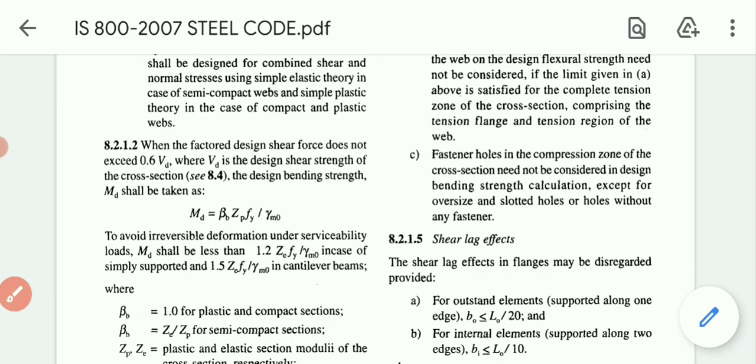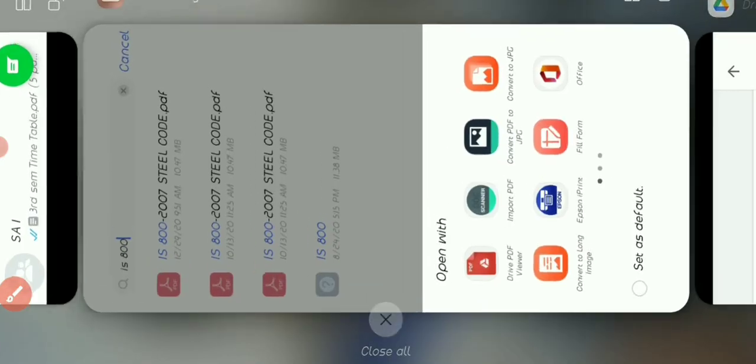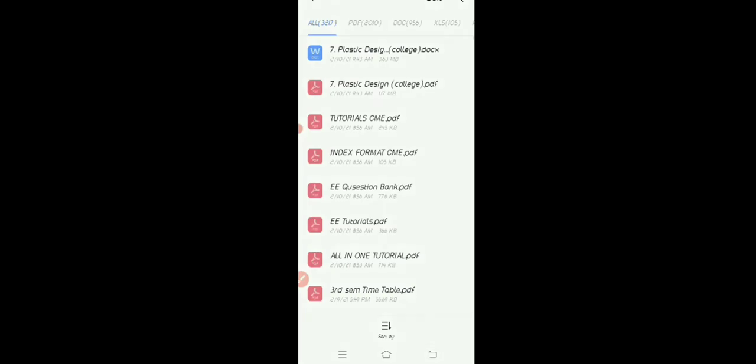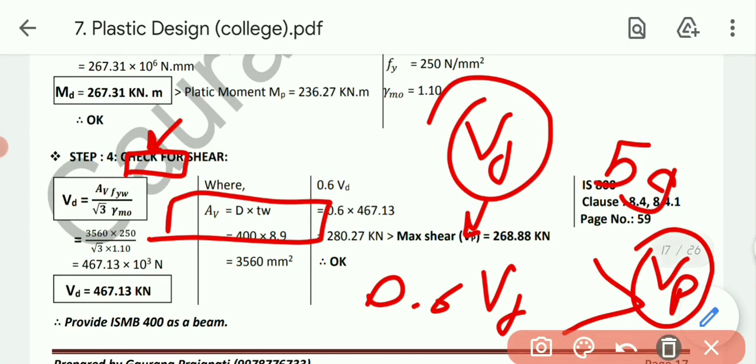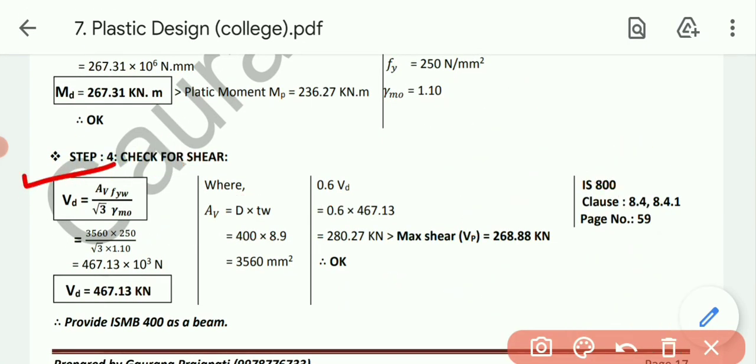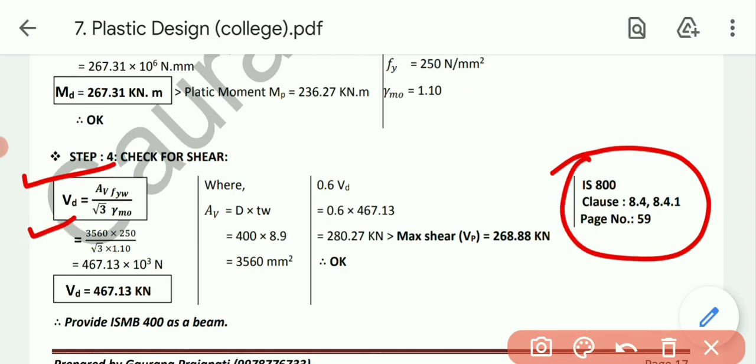Let's get back to the answer sheet. Check for shear. Page number 59, formula Vd equals Av fyw divided by root 3 gamma m0. Only one unknown is there, that is Av, the shear area.